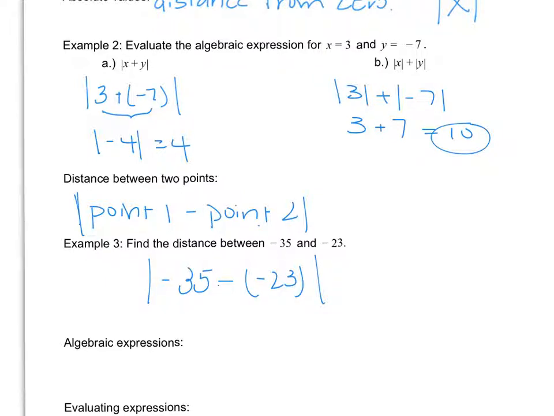So this is like saying -35 plus 23, which is -12, and the absolute value of -12 is 12.